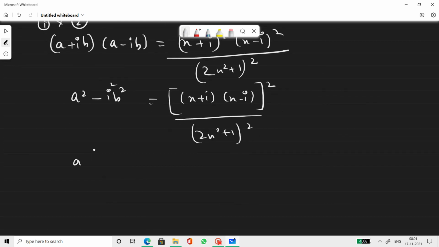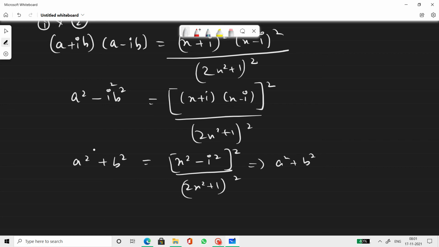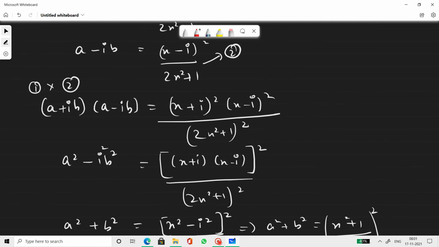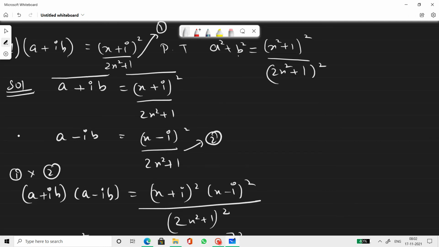So this will be a² + b² because of the i² value, and here (x² + 1)². So we get a² + b² equal to (x² + 1)² by (2x² + 1)². So let us see whether we are able to prove what they want us to prove. Absolutely.